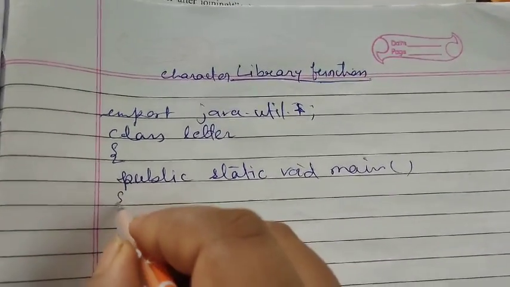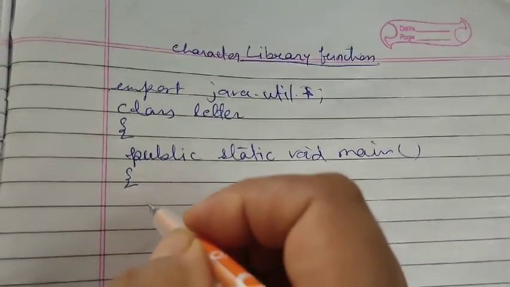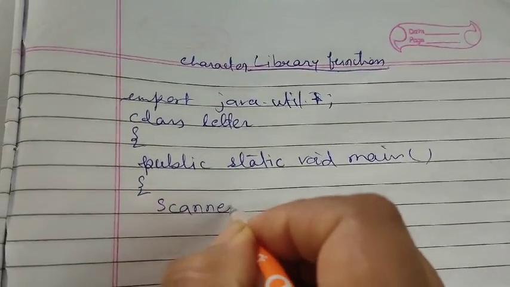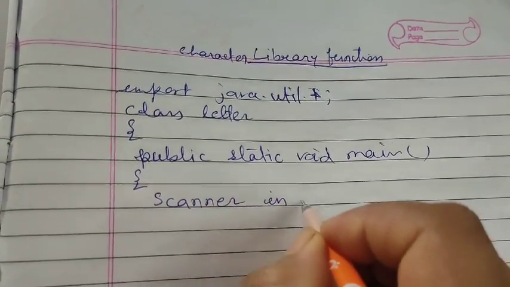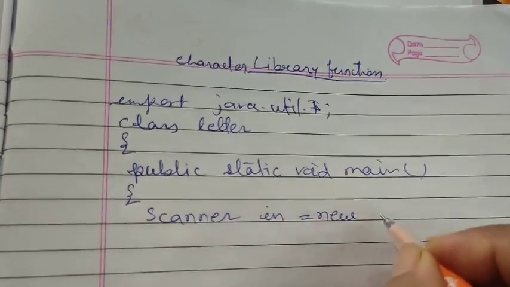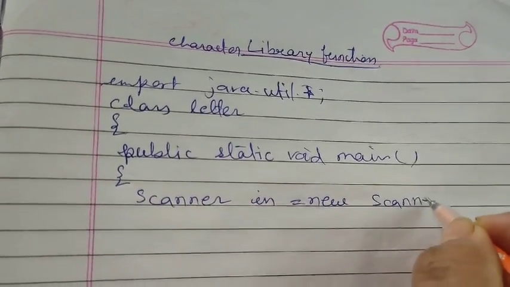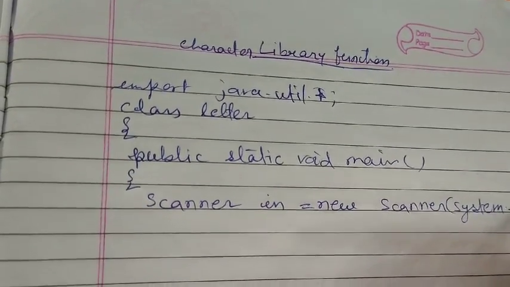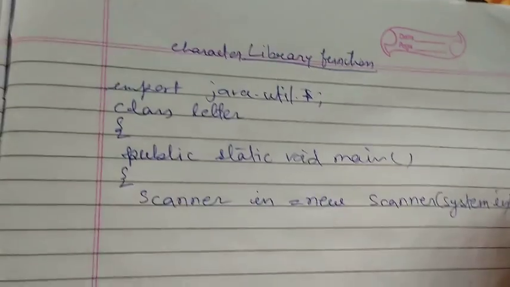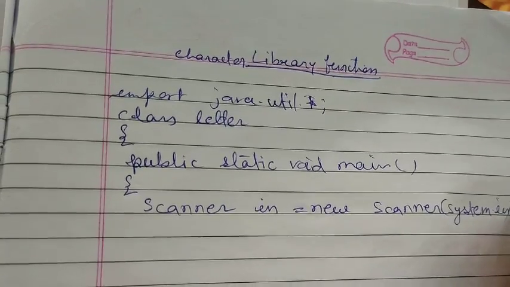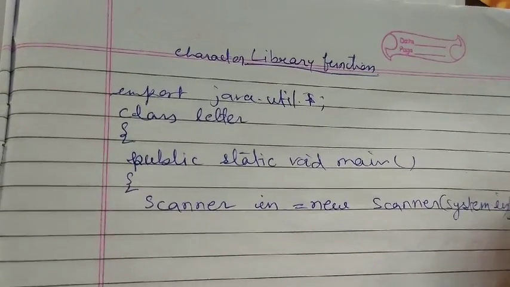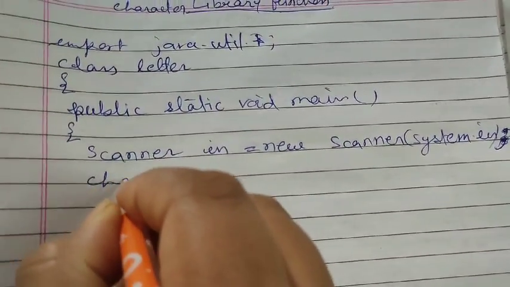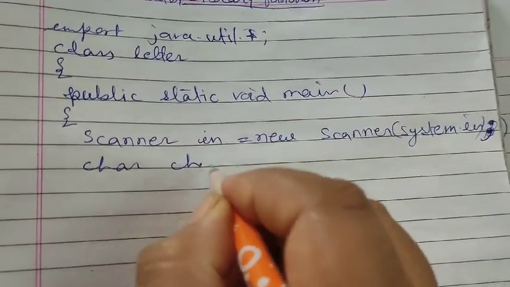You can write String args; if you do not write String args, your program will still run and not give any error. So Scanner in is equal to new Scanner(System.in); and afterwards you take character type data, so char ch.